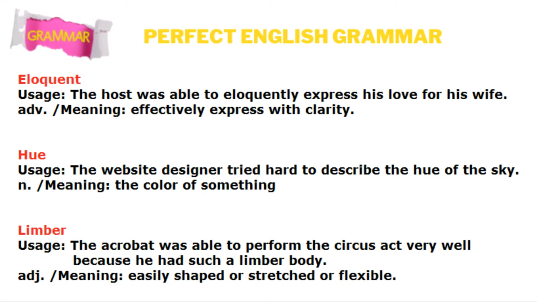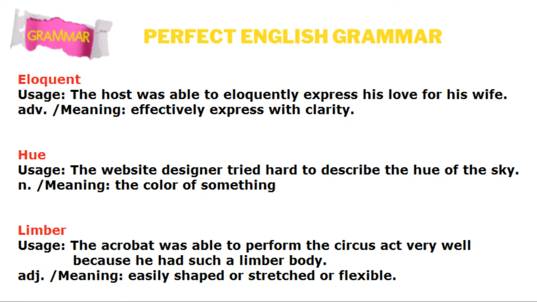Our next word would be limber. Usage: the acrobat was able to perform the circus act very well because he had such a limber body. Adjective meaning easily shaped or stretched, or flexible. With respect to the word eloquent, a synonym would be articulate.